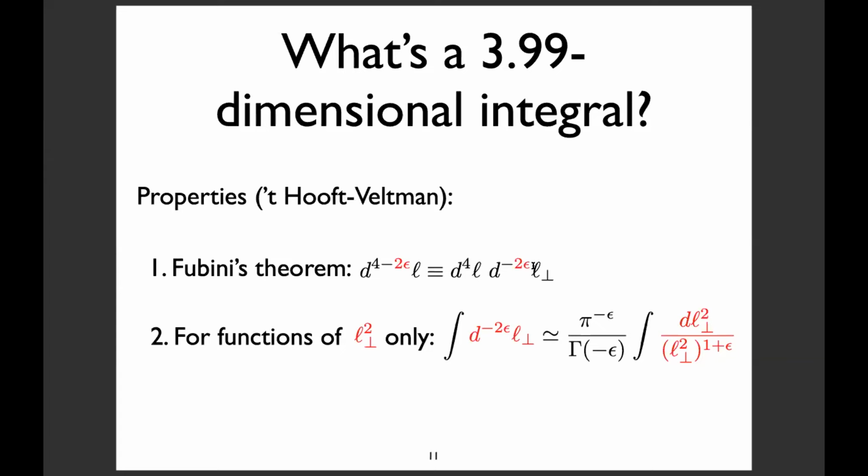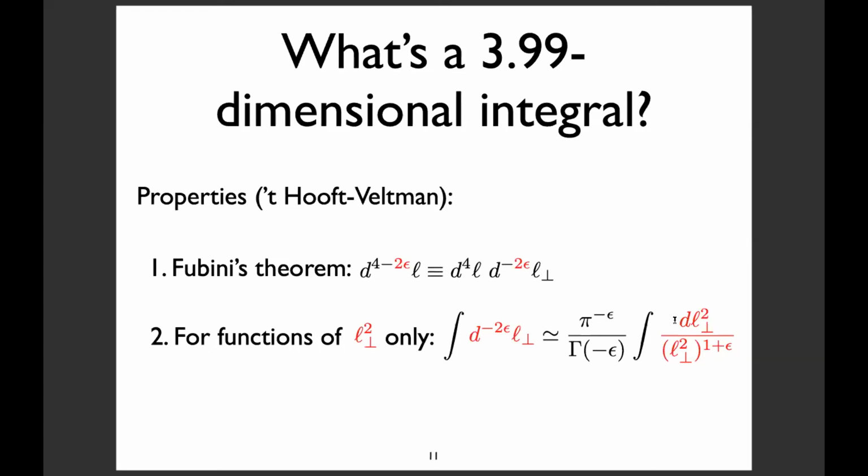Well, if the integral depends only on the norm of a vector, then it's very easy to do. You just switch to angular and radial variables, and you just have to keep the radial variable. That's literally what we use when we calculate Feynman integrals. And yeah, 't Hooft and Veltman proved that the definition is compatible with this way of splitting integrals.